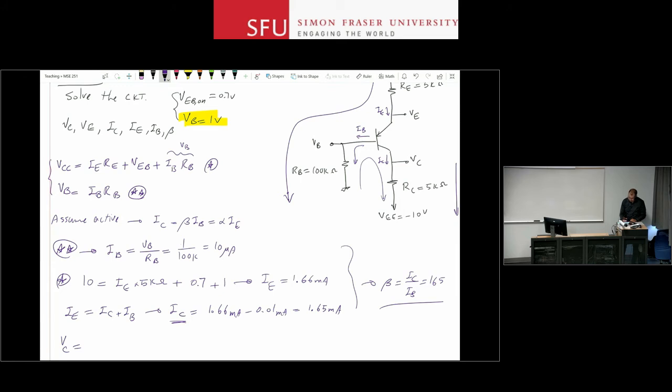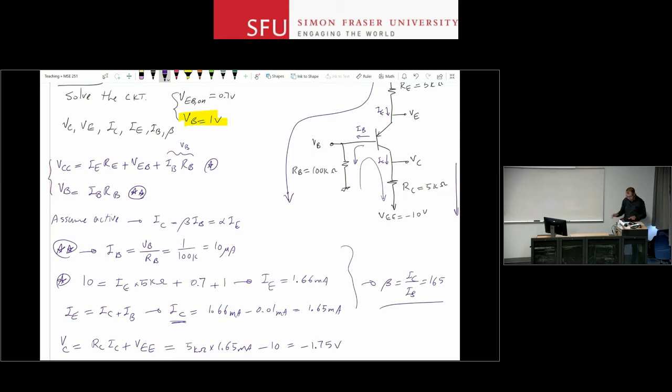So VC is RCIC plus VE, right? And that is going to be, I already know IC, 1.65 milliamps and 5 kiloohms, so it's 5 kiloohms times 1.65 milliamps minus 10, and that is going to be minus 1.75 volts.